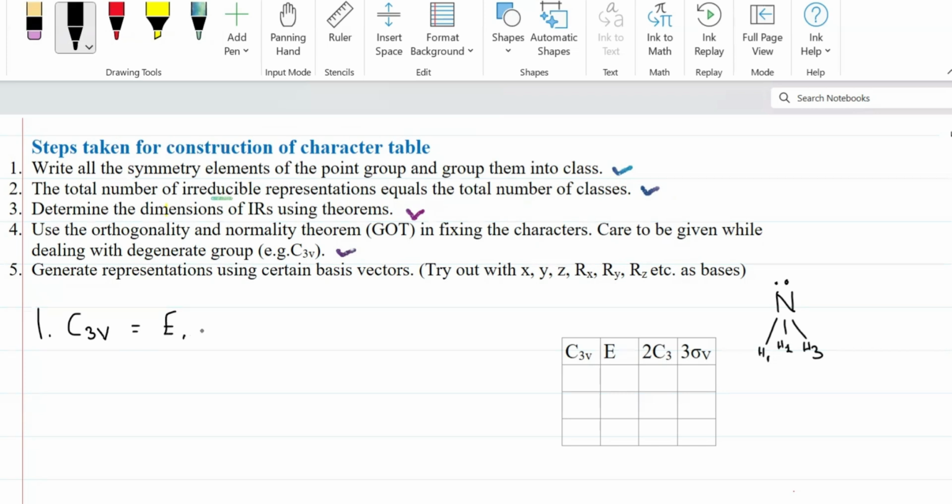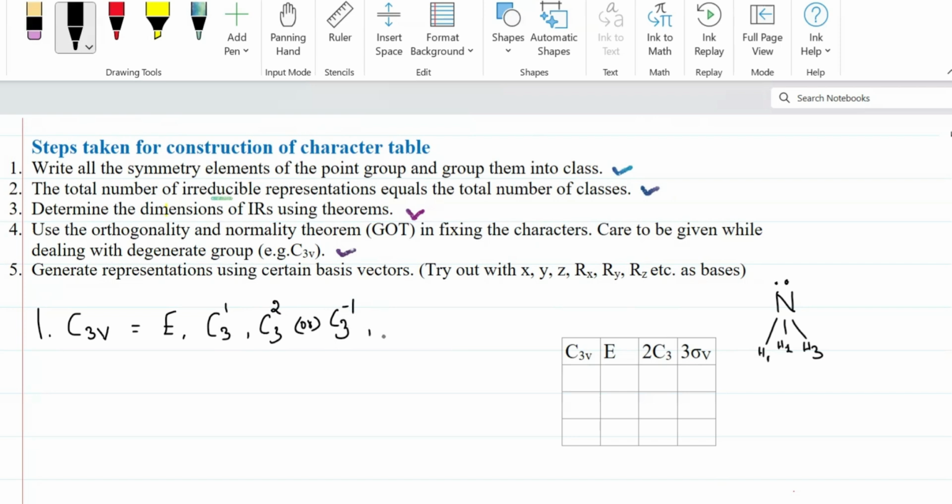E, identity, then it will have C3, since it has a trigonal base, so C3 1, then C3 2, or else it can be C3 inverse. This is also equivalent to C3 2.